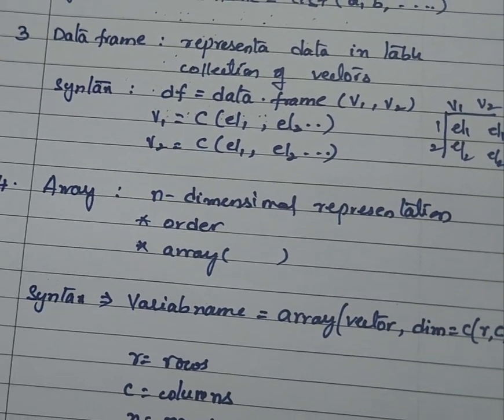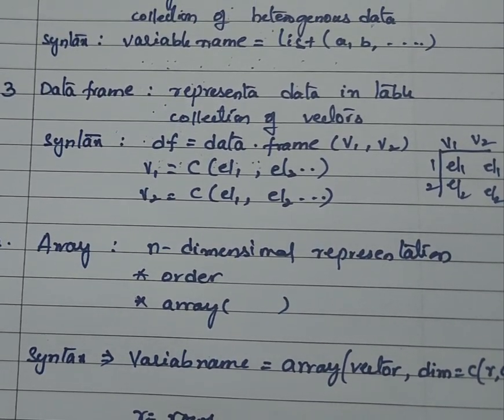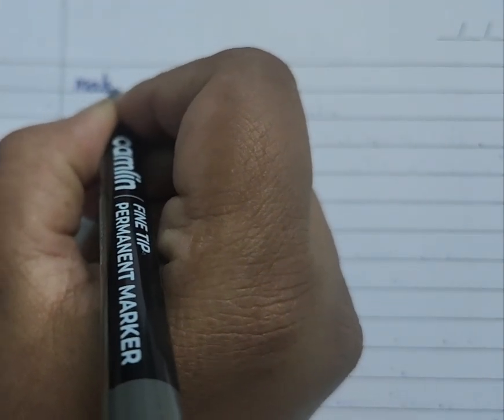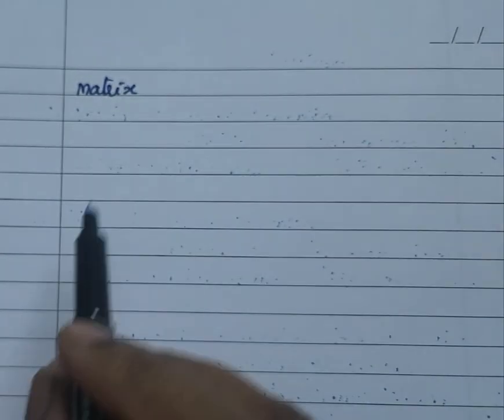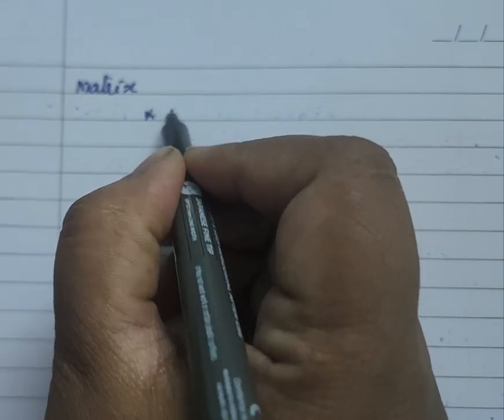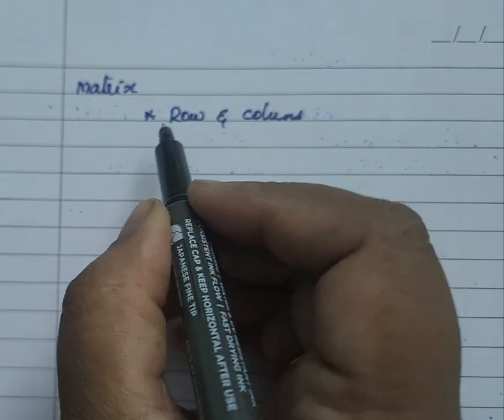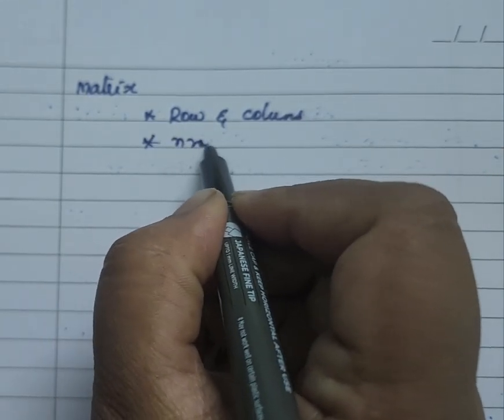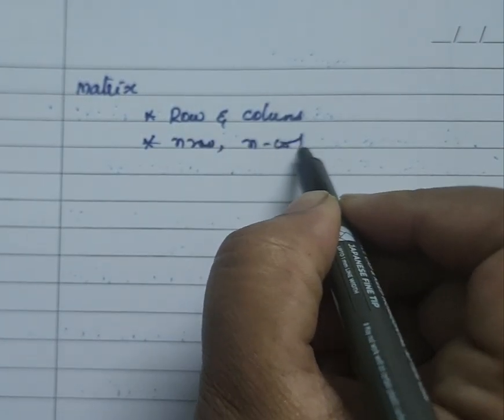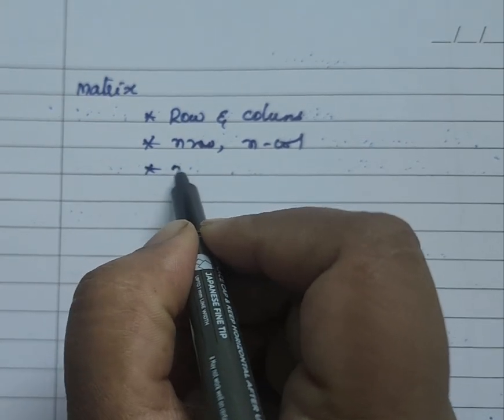And the last data structure is matrix. Let us see what is matrix. In a matrix, rows and columns are there, and n rows and n columns are allowed.